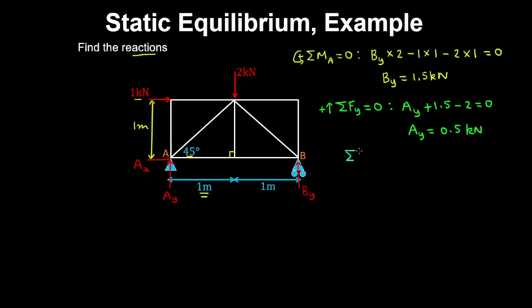And if we take a horizontal equilibrium of forces, where forces pointing to the right are positive, we have AX plus 1 kilonewton is 0. So therefore we obtain AX is minus 1 kilonewton. And because our answer is negative, AX is actually pointing to the left, as you would have guessed, to counteract this horizontal force. So therefore, if we draw it pointing to the left, we can take this as a positive value.